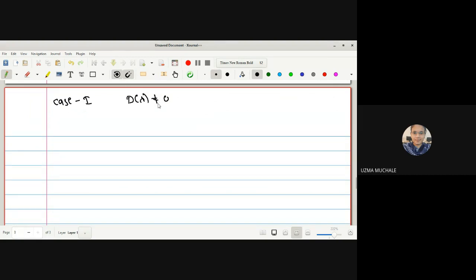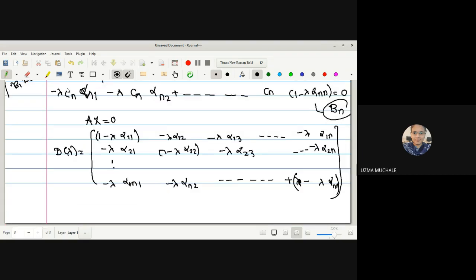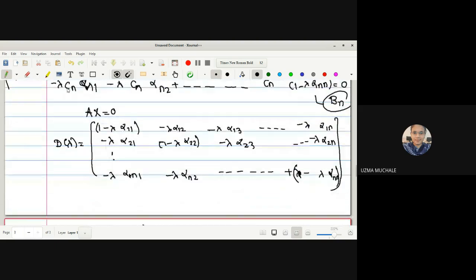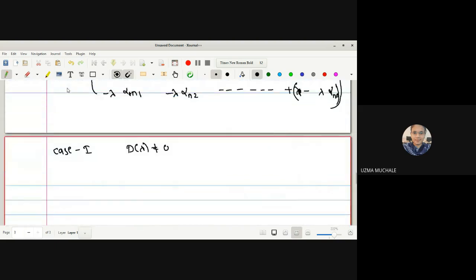What is the case for D lambda not equal to 0? That means if your coefficient matrix is not equal to 0, what is the resultant case? Many times I have written this. If we have Ax equal to 0, determinant of A equal to 0, determinant of A not equal to 0. Does anyone remember? Ma'am, if determinant of A is 0, the inverse does not exist.